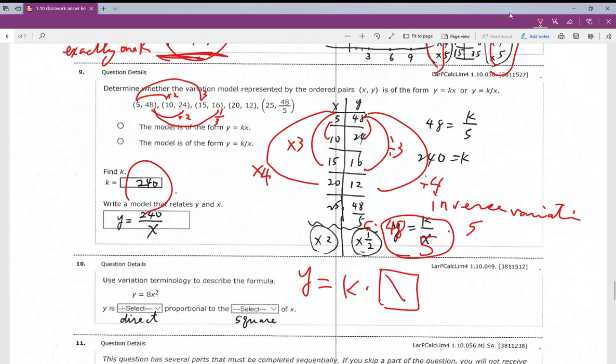Okay, so if we say the capital X, so y varies directly to capital X. But right now this capital X actually is x squared. So we say y varies directly to x squared. Or you say square of x.